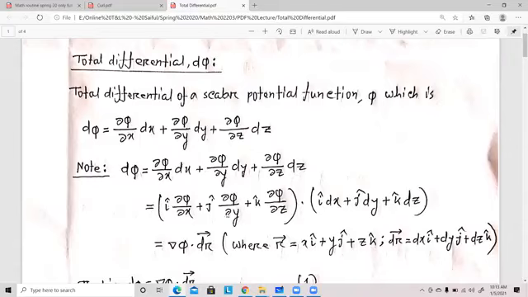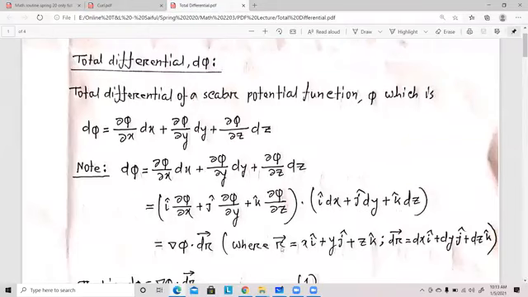So individually, the first part, i del phi by del x plus j del phi by del y plus k del phi by del z, is grad phi, that we know. And i dx plus j dy plus k dz, এটা কি হবে?